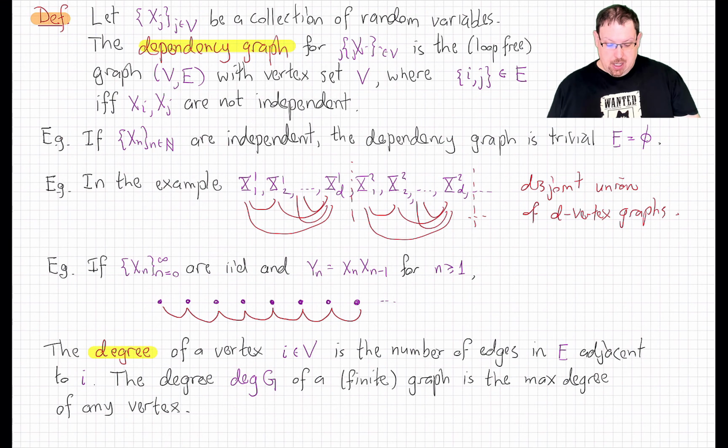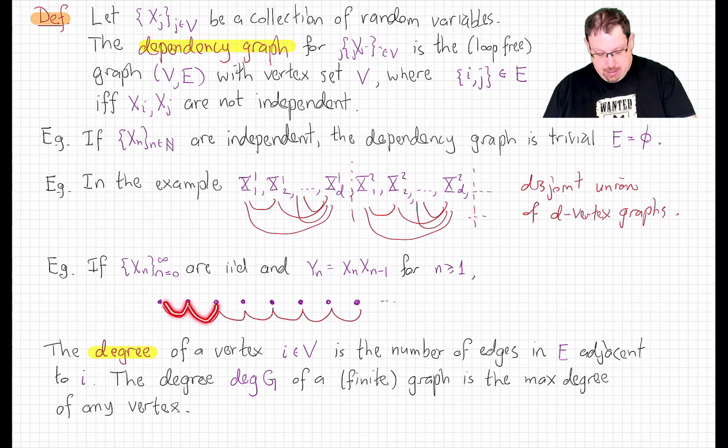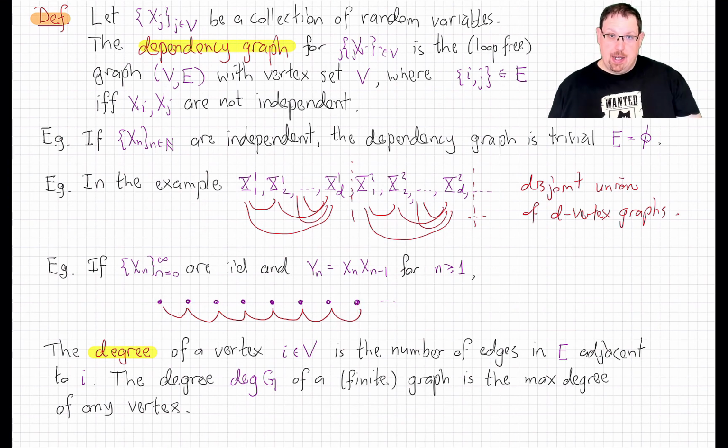Well, let's talk about the degree of a graph. In any graph, each vertex has a degree, which just means the number of edges that come out of that vertex. So here, each vertex has degree 2, except for the endpoints, which each have degree 1. For any finite graph, we say that the degree of the graph is the maximal degree of any vertex.